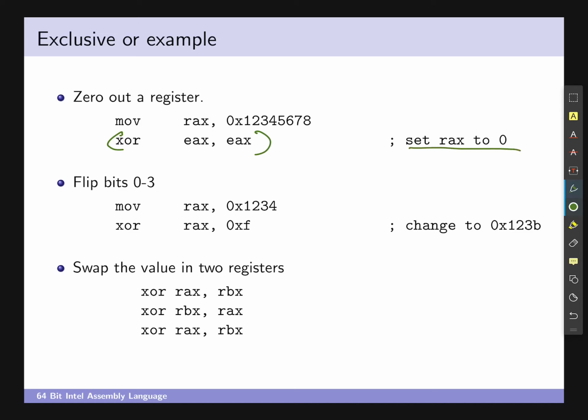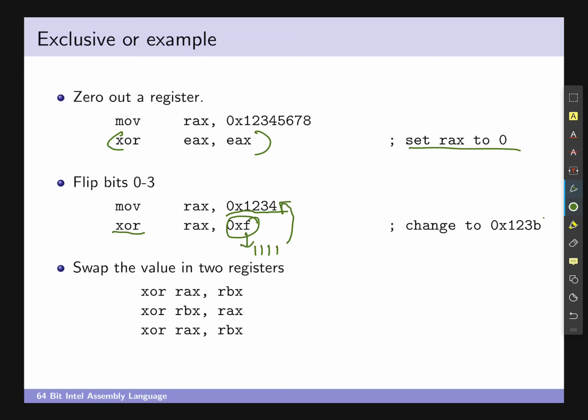And obviously, if I want to perform a bit flip on a part of a value, I can as well. So say I've moved the hex number 1234 into RAX, and I call XOR, and I'm going to XOR that hex string against F. This F is obviously going to correspond to 1111, which tells me I'm going to flip all of the bits that are actually in 4.